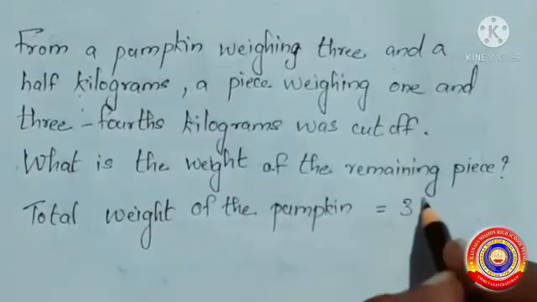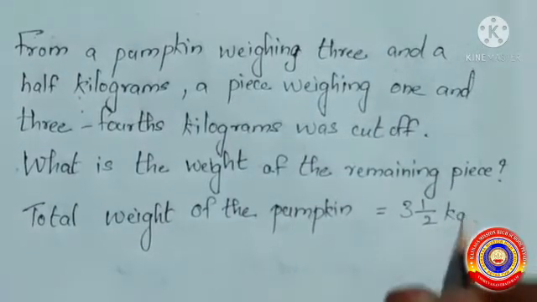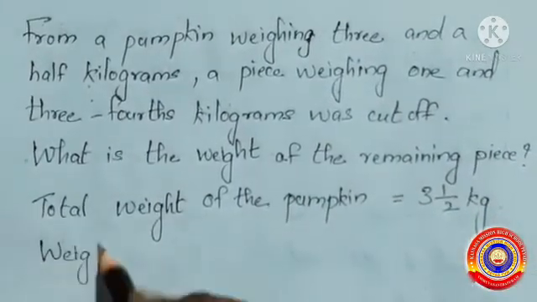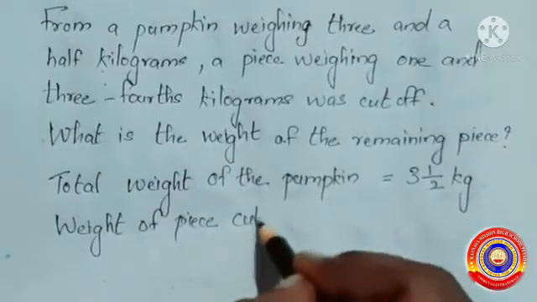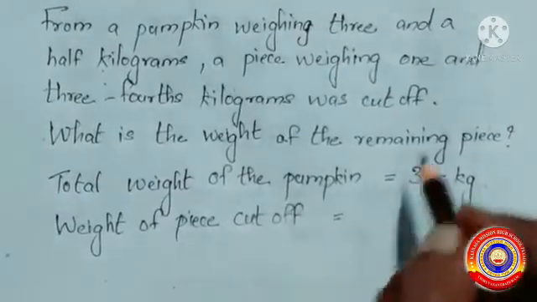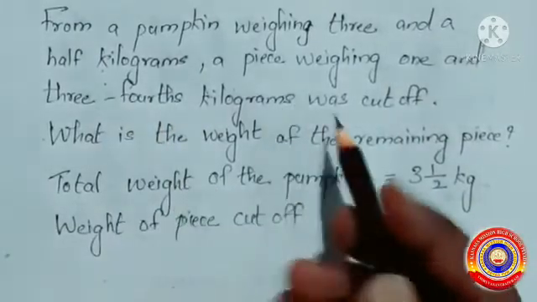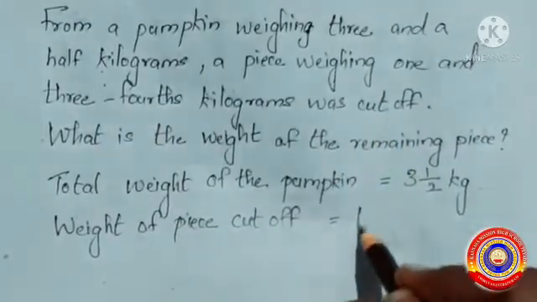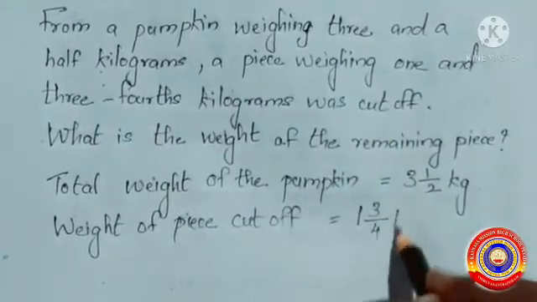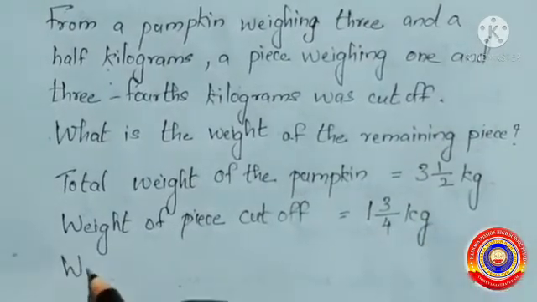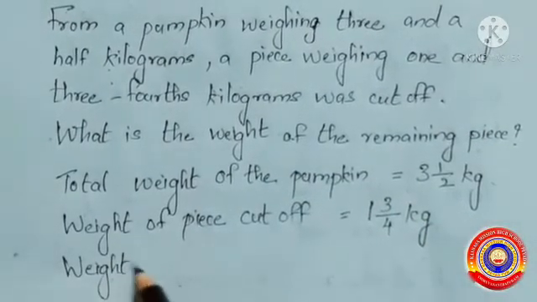That is 3 and 1 by 2 kilogram. Then, the weight of the piece cut off is equal to 1 and 3 by 4 kilograms. We have to find the weight of the remaining piece.